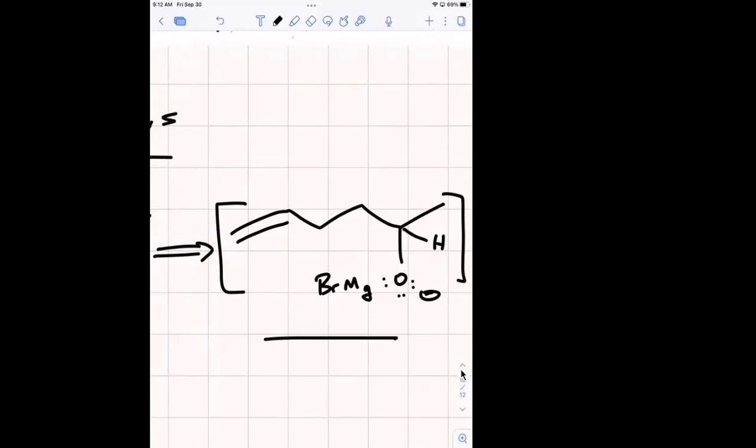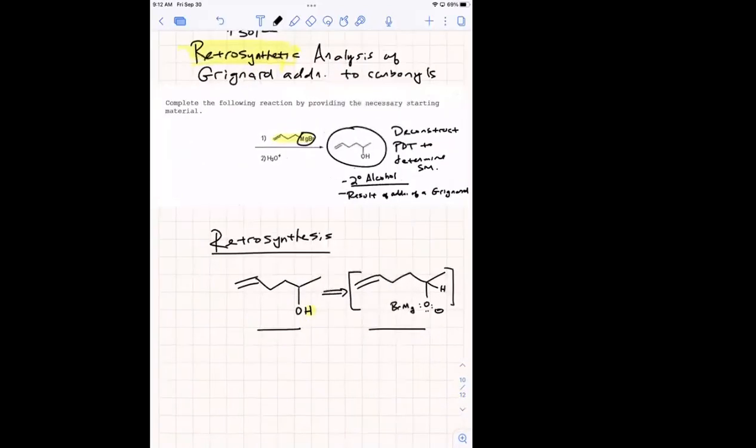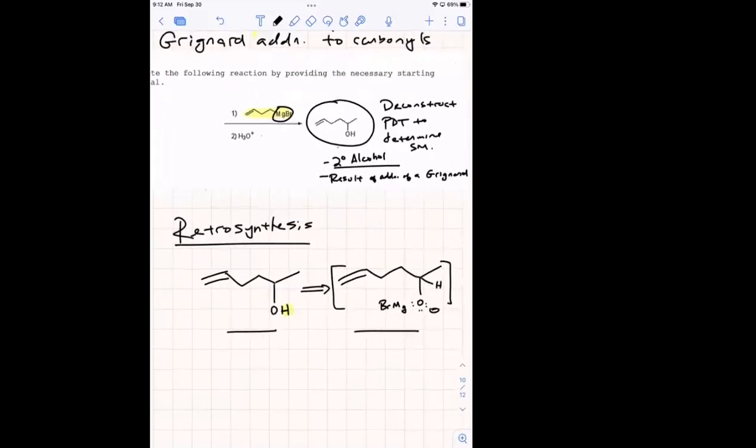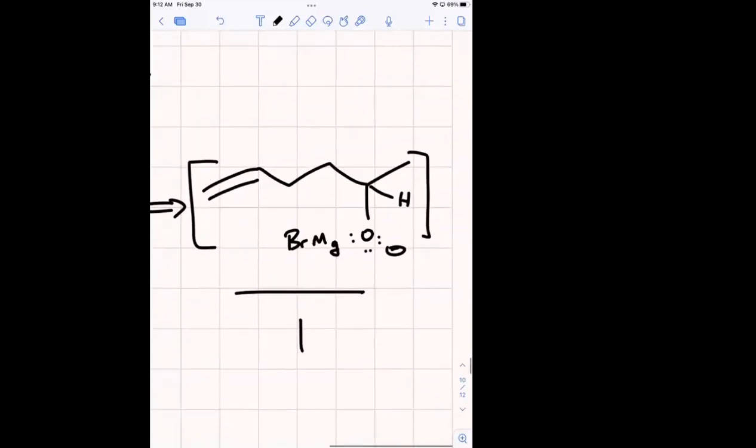What happens after the first step when you first add the Grignard into the carbonyl? Tetrahedral. My mic is up. Did somebody just say something? Go ahead. I said tetrahedral. Tetrahedral intermediate. That's exactly right. So if you're working backwards through the synthetic process of adding a Grignard to a carbonyl, you go from product to intermediate, and then from intermediate to start materials.